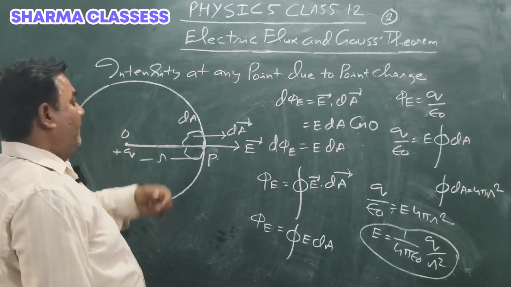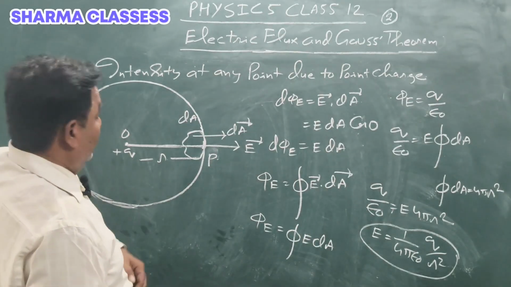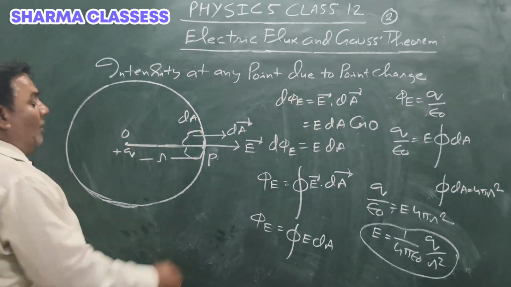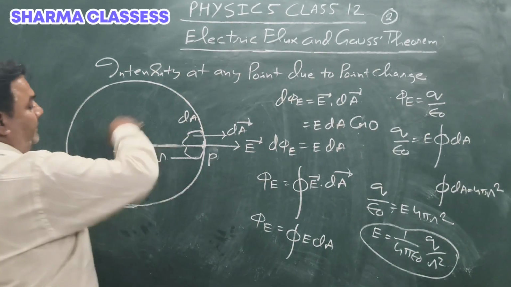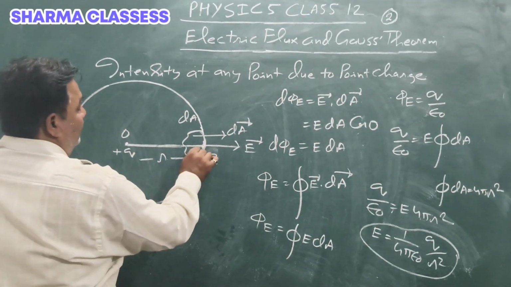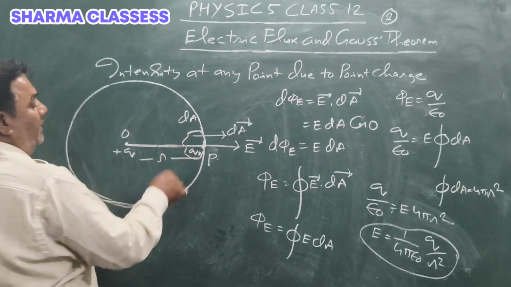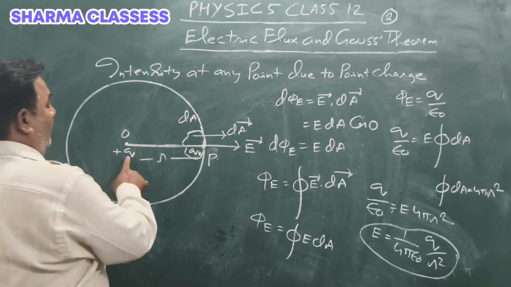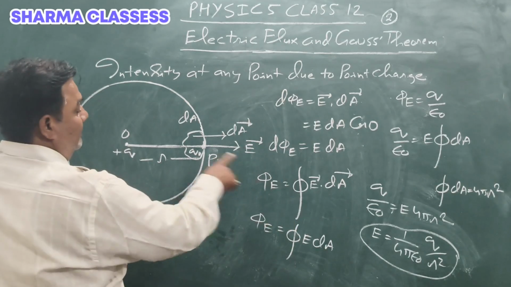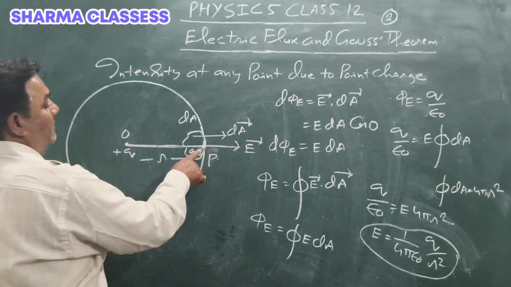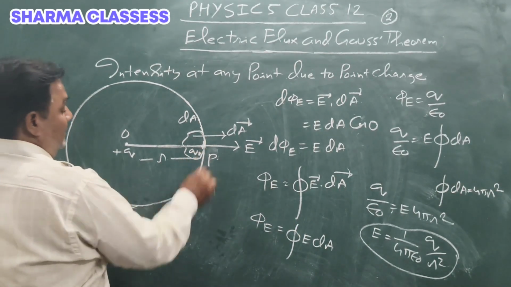And with the help of it, we can also prove Coulomb's law. For the proof of Coulomb's law, a test charge Q naught is situated at this point P. We know the value of intensity of electric field at this point, and when any charge is placed in the electric field, a force acts on it.